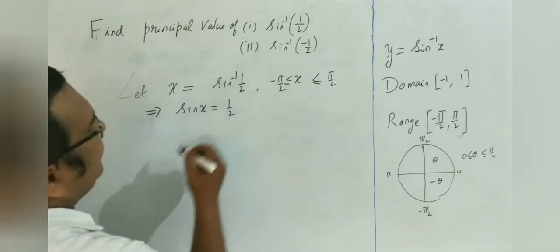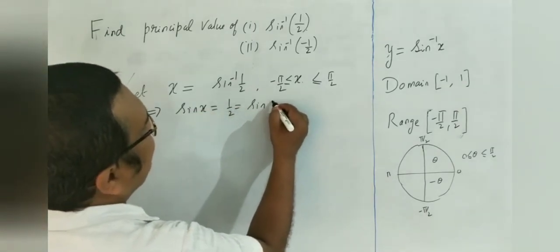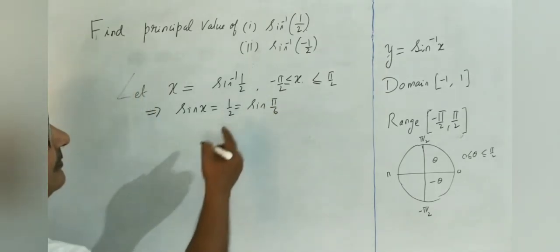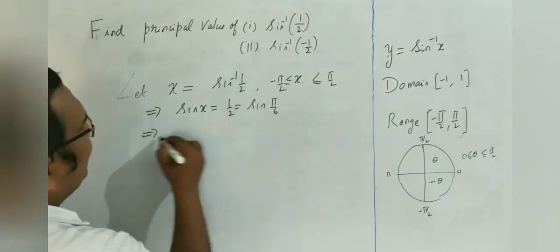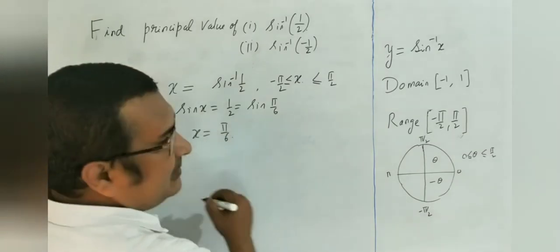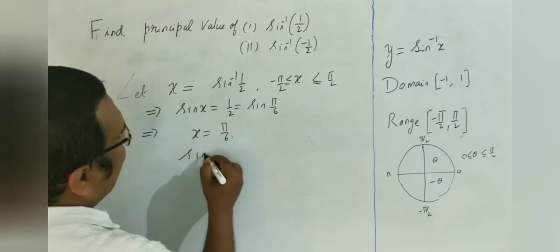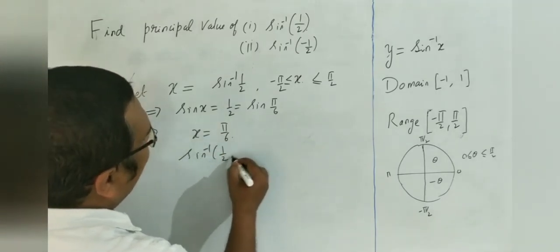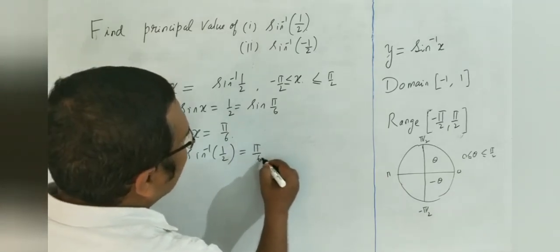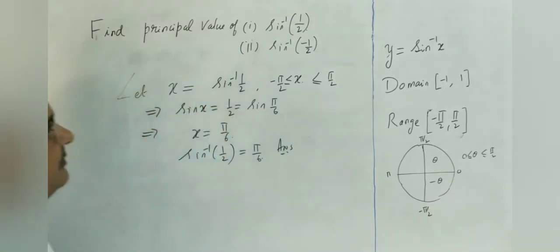So sine x is equal to 1 by 2, and sine pi by 6 is 1 by 2. Therefore, what is the value of x? x is pi by 6. So we write sine inverse 1 by 2 is pi by 6. This is the answer for the positive number.